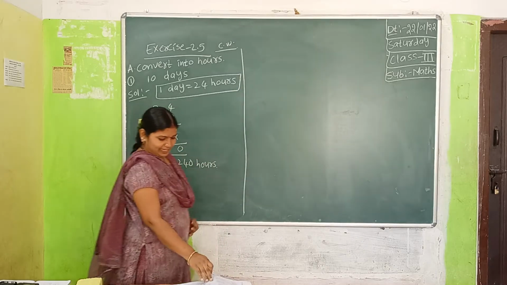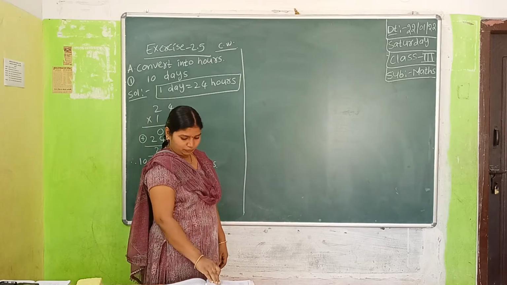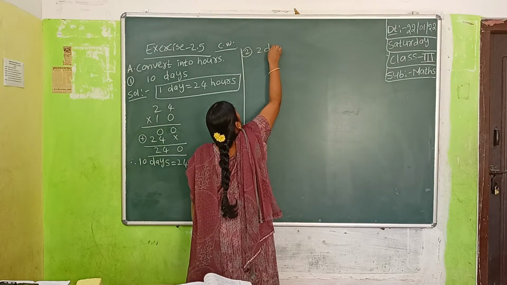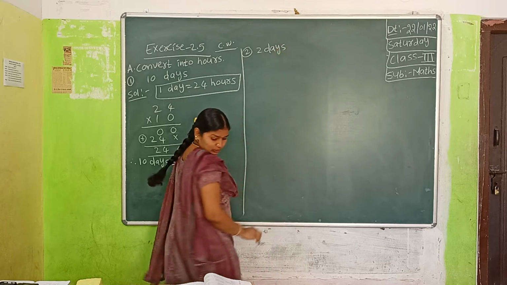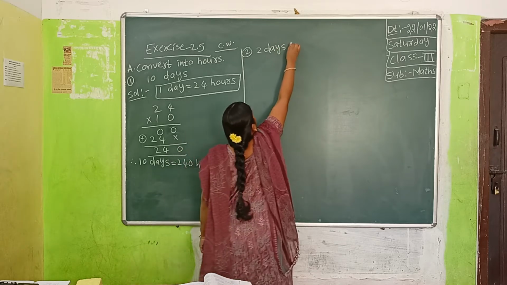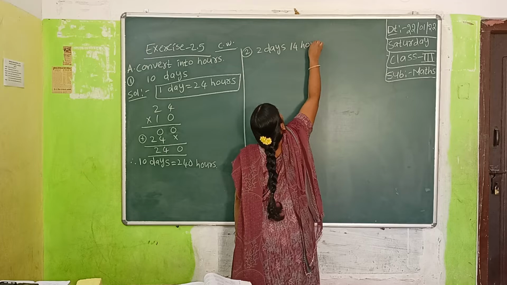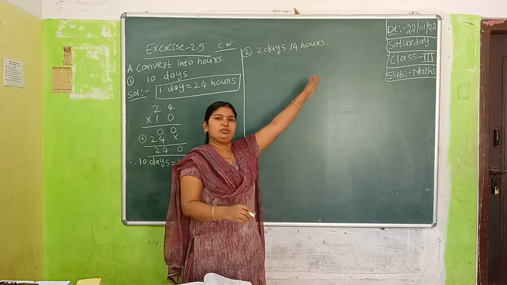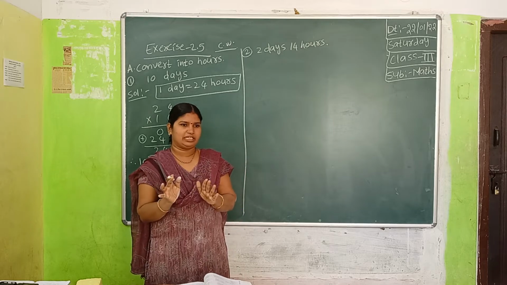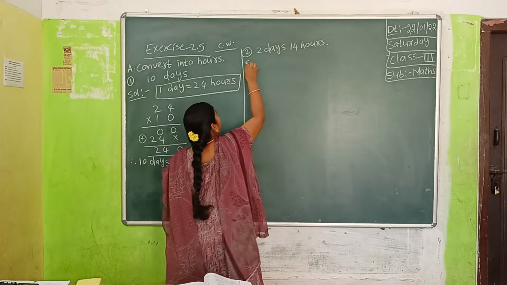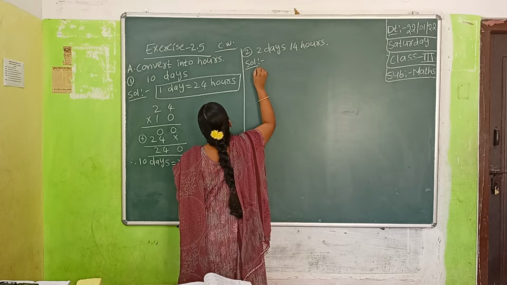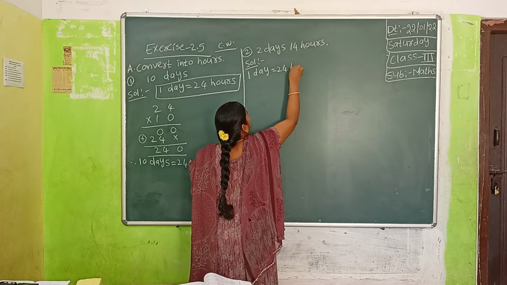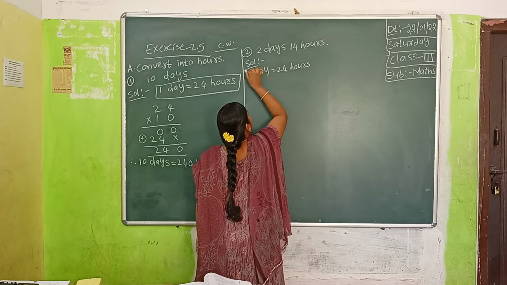Now same like this, the second question: 2 days and 14 hours. Here they have given days and hours. These two convert again into hours only. First here also write down the formula. 1 day equal to how many hours, children? 24 hours.